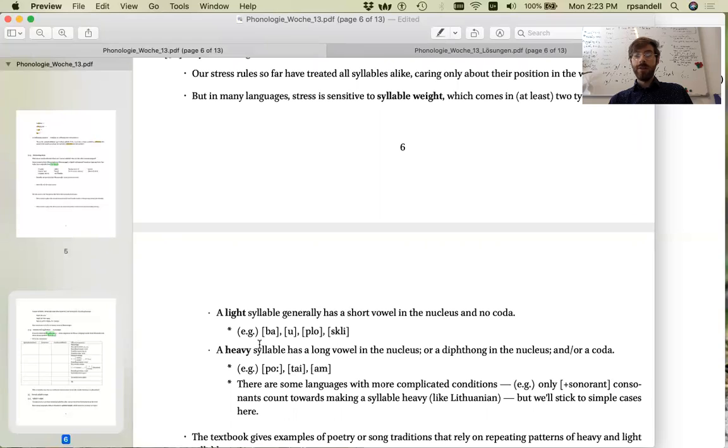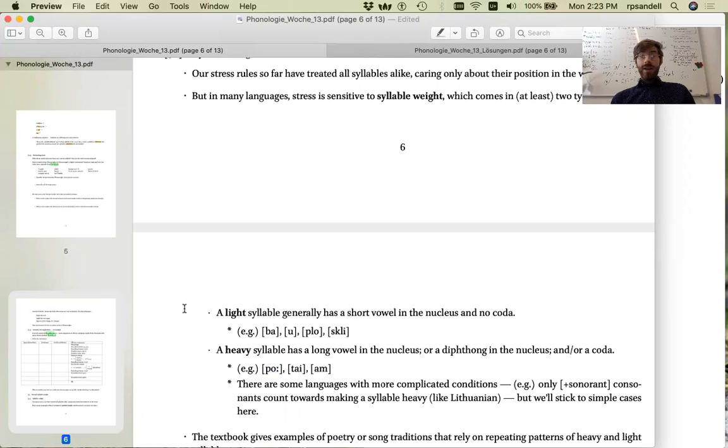On the other hand, a syllable which has a long vowel in the nucleus, or a diphthong in the nucleus, or if it has any consonants in the coda, would count as a heavy syllable. So a syllable with a long vowel, a syllable with a diphthong, or a syllable with a coda consonant.